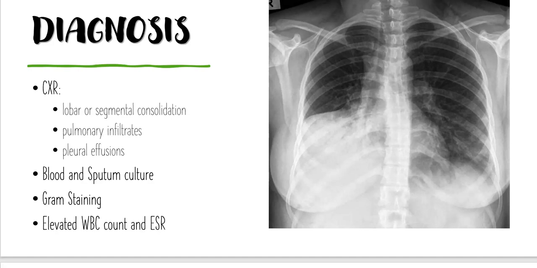Okay, but your chest X-ray provides you an extensive visualization, hanggang saan yung apektado sa lungs ng isang pasyente who has pneumonia. So with your chest X-ray, what you can see there is your lobar or segmental consolidation.